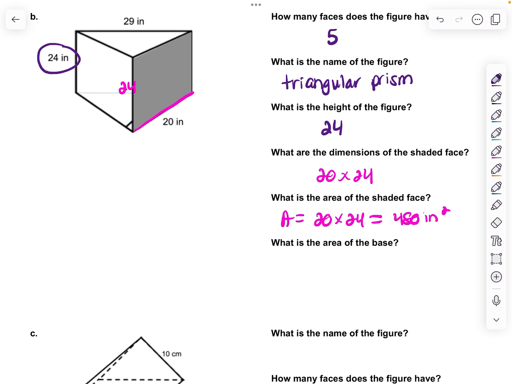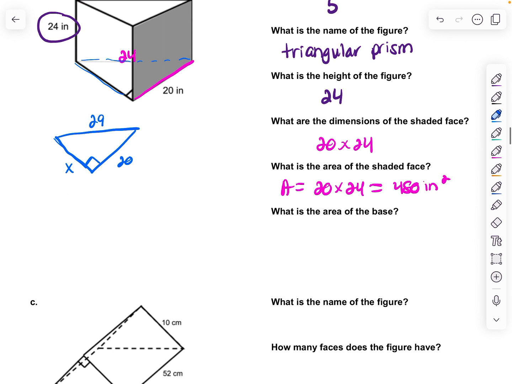In this case, we would want to redraw our triangle. You want to draw it as closely as you can to what it looks like so that you can get your dimensions correct. The 20 on the bottom is your height of that triangle. We don't have this side, so that's going to be our x, but we do know that the one across is 29 based on our diagram.